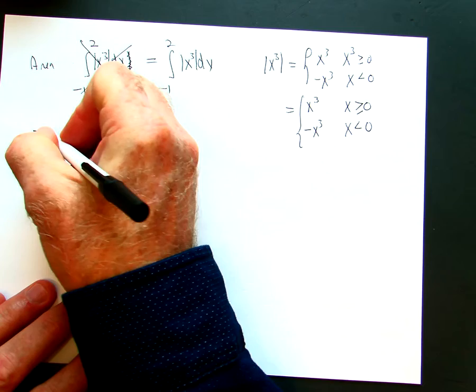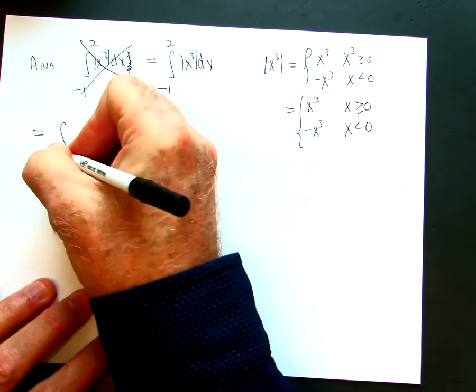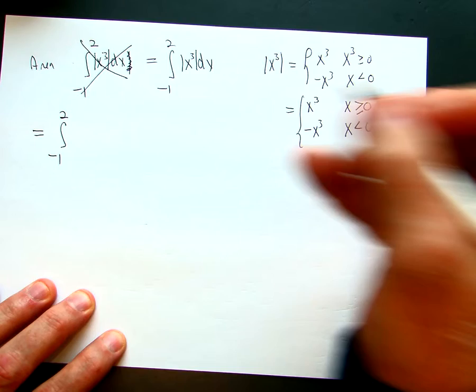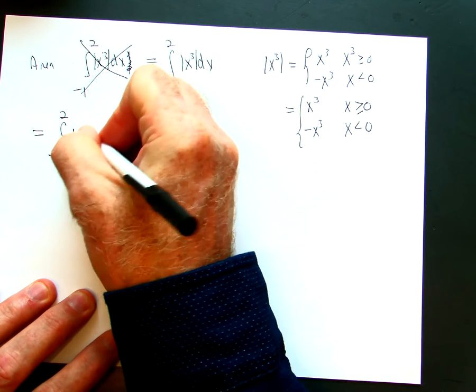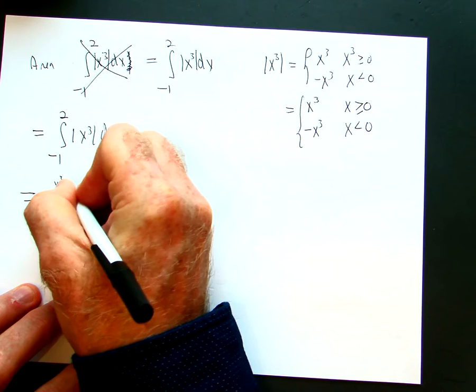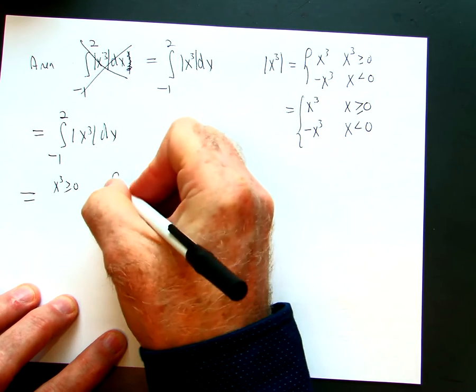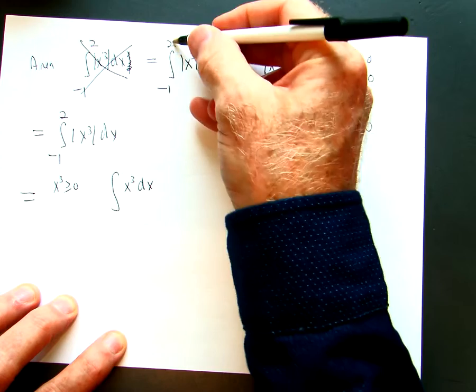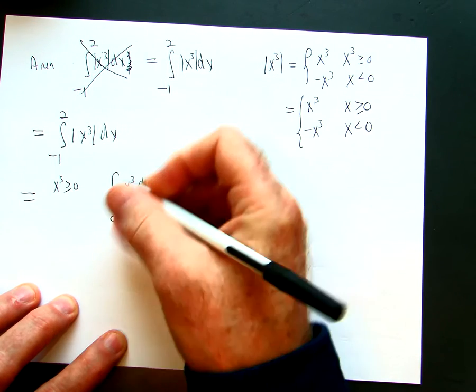So this integral now becomes this, from -1 to 2 of absolute value of x cubed. I have to break it into two parts where x cubed is greater than 0. Between -1 and 2, that occurs when x is between 0 and 2, right?